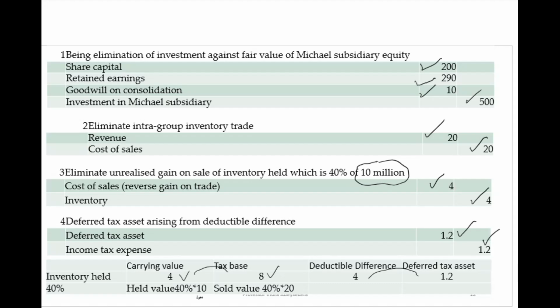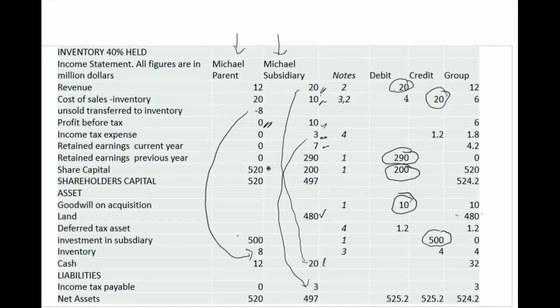So for 40% held is 4 million. We debit cost of sales to decrease the gain and credit inventory to decrease unrealized gain included in inventory. So debit cost of sales 4 million and we credit inventory 4 million.